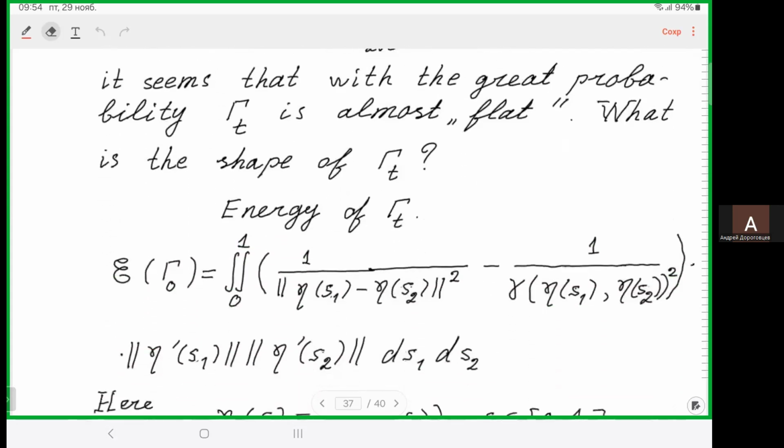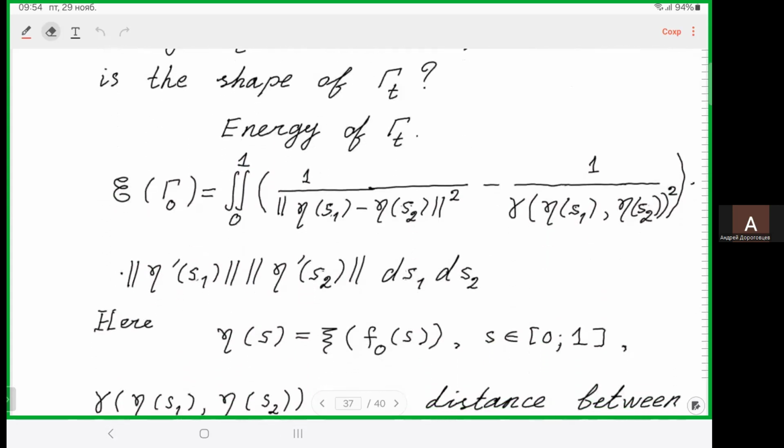In order to understand this, one can introduce the Möbius energy. This is the Möbius energy of any knot, any closed smooth curve. This energy can be calculated as a double integral of a difference, where we have two terms.